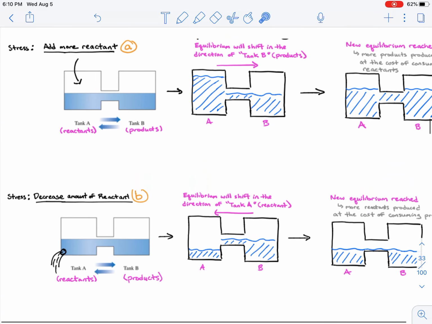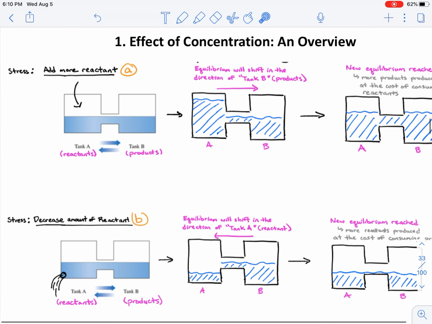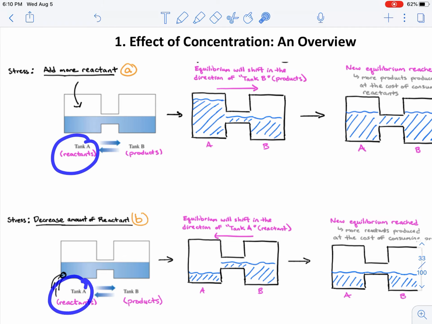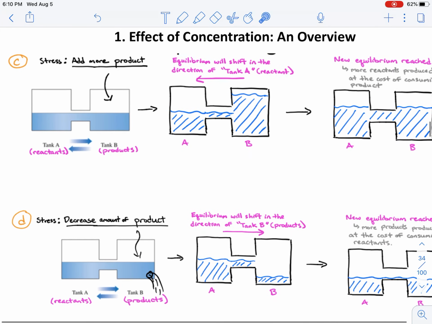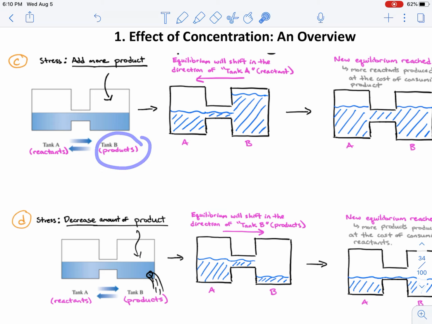All right. And so we've looked at a couple of scenarios for changes in concentration, but we only focused our attention on the reactants. The next two scenarios are going to be similar to the previous slide, but this time we're going to be focused on the products.